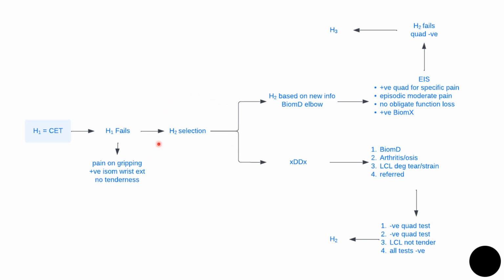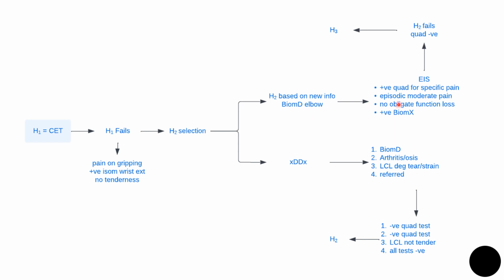So we now have to move to the second selection. We can do it one of two ways. We can continue on with hypothetic abduction based on this information here. And that would generate an essential illness script. And we're going to say that it's going to generate one for biomechanical dysfunction of the elbow.